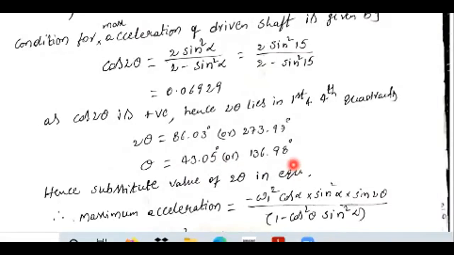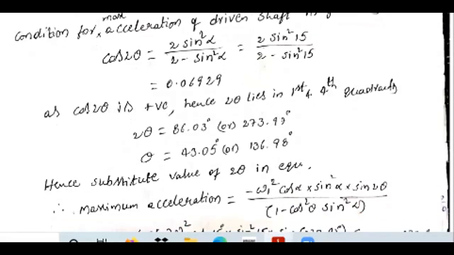Now the theta values are substituted in the maximum acceleration formula, which equals minus omega 1 square cos alpha sin square alpha into sin 2 theta by 1 minus cos square theta sin square alpha.